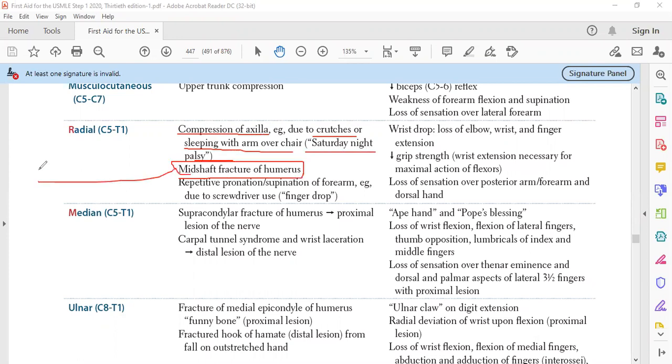It's very, very common. We used to study it in second year of med school. And repetitive pronation and supination of the forearm, for example due to screwdriver use.